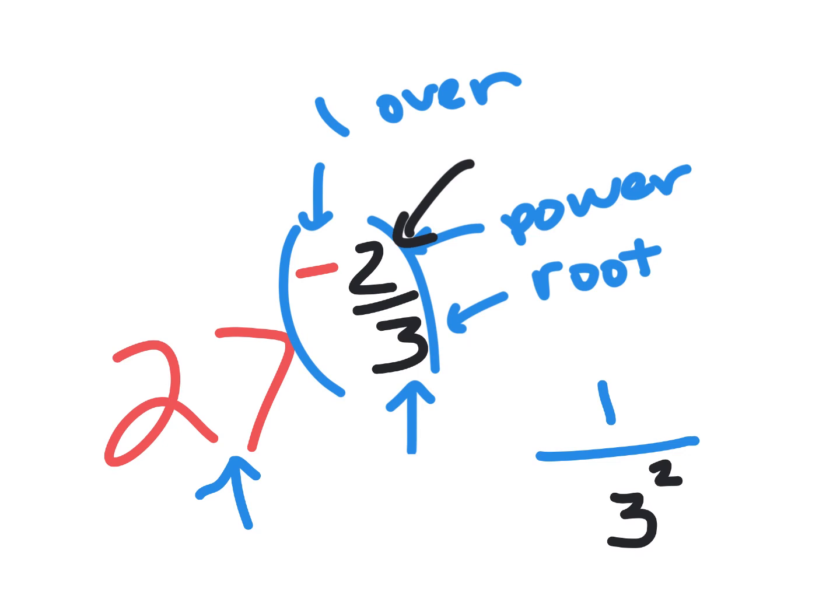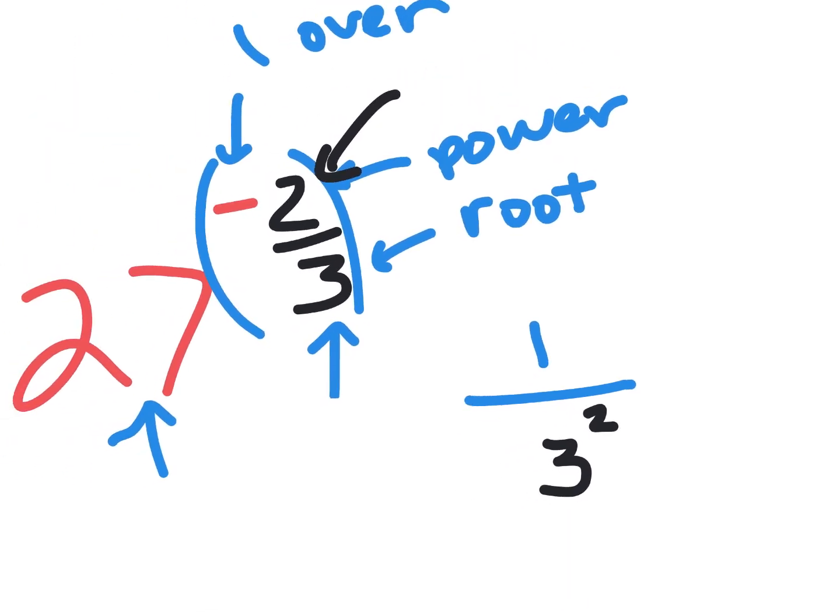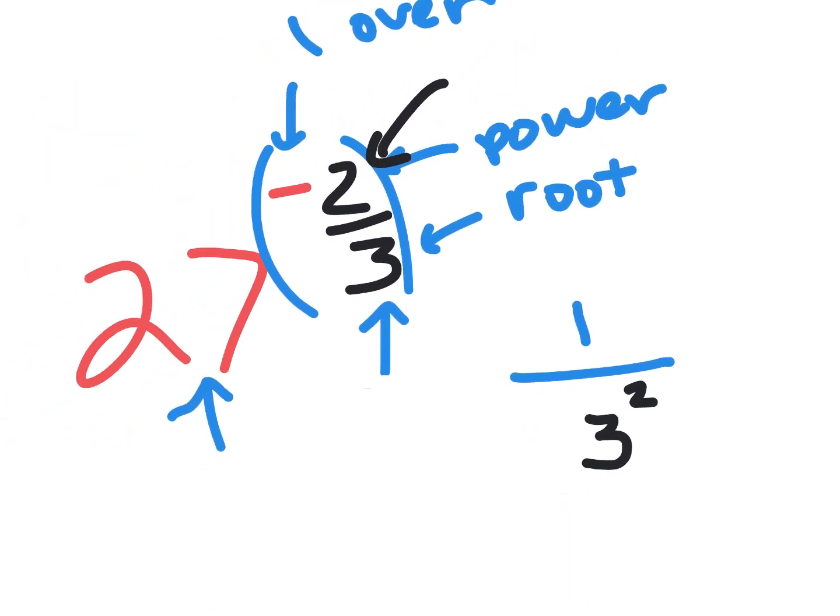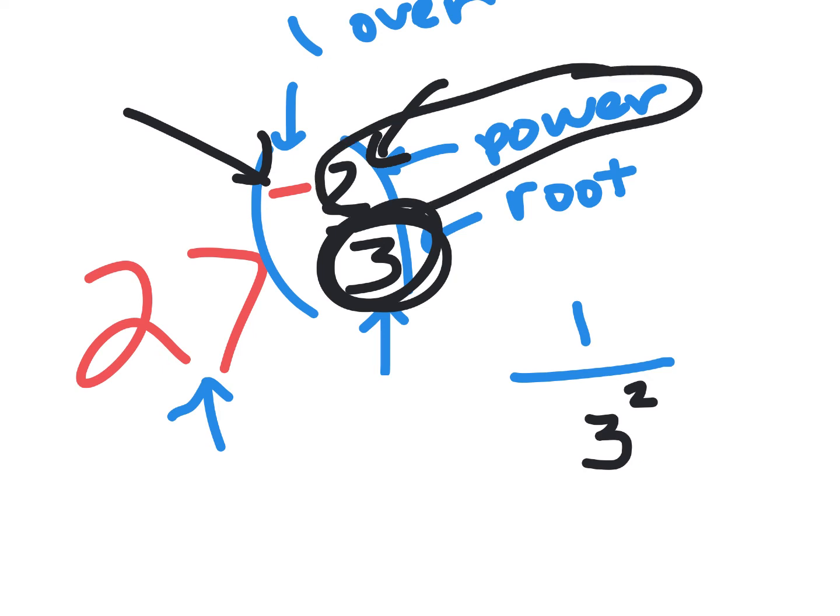What is 3 to the power of 2? 9. So my final answer to the question I gave you would have been 1/9. All right, negatives make it 1 over. That's the root part, and that part's the power part.